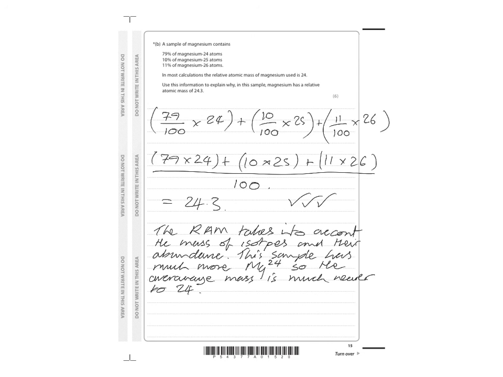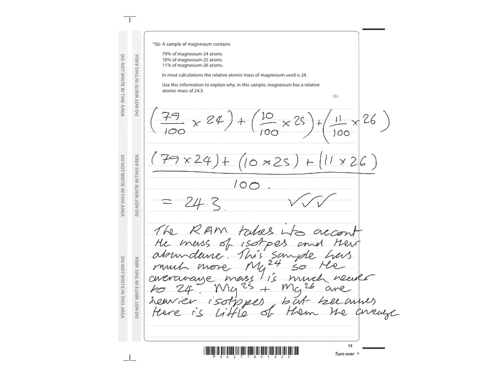It then goes on to say in the mark scheme, magnesium 25 and magnesium 26 are heavier isotopes, but because there is little of them, the average mass is not increased much above 24.